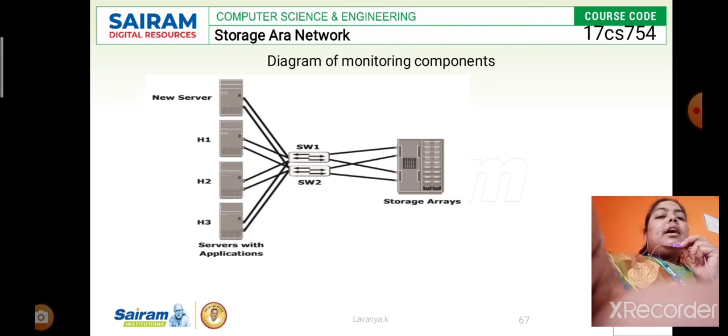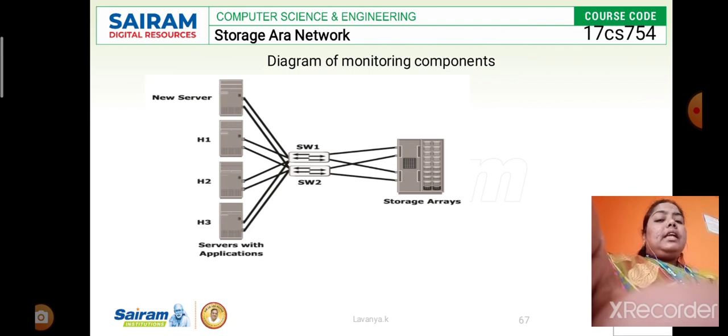Then if any one of the connections fails, suppose host one cannot communicate in time, or the connection is lost for host one, it won't affect the other hosts or devices. Only that particular host or client cannot communicate within the specific time.